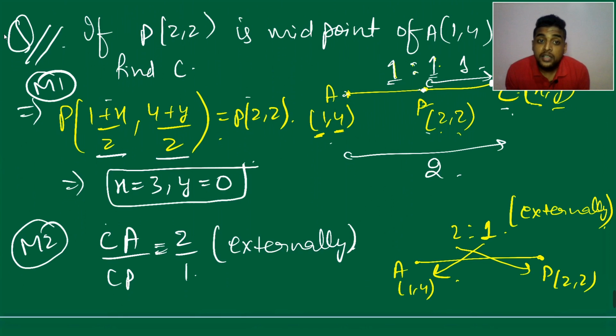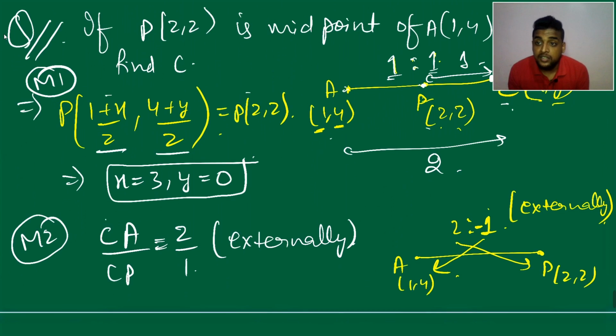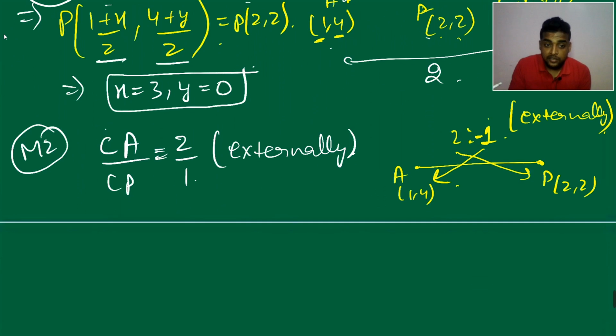The difference is that instead of n we have to take minus n. So instead of 1, I can write minus 1, because this is n, so instead of n we have taken minus 1, and this converts into the external section formula. Now let us solve externally.